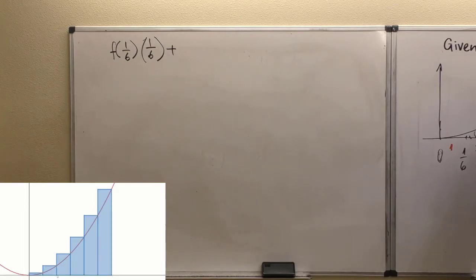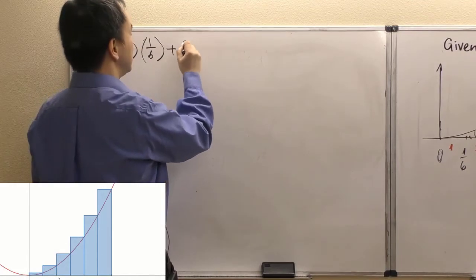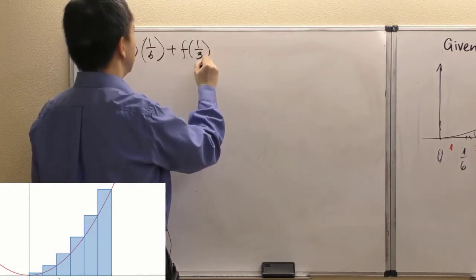If I substitute that into the function, we get the height being this much, and drawing over we have a rectangle. The width remains 1/6, but the height is f of 1/3. So in my picture, f of 1/3 times 1/6.